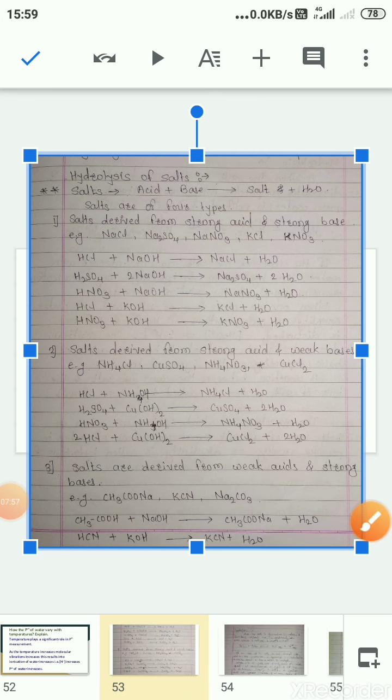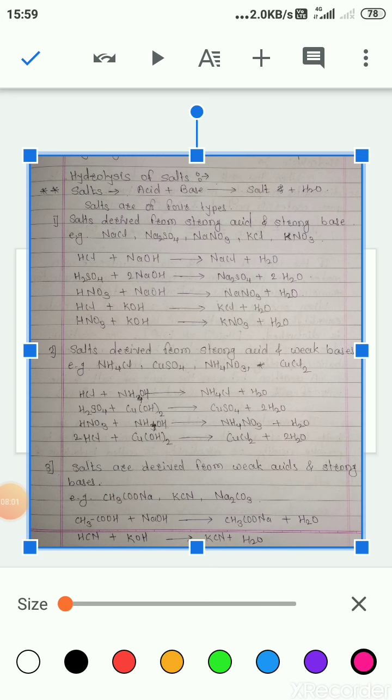In the same way, we can write the reaction for KCN. If we consider KOH as the strong base, then we can take CN from HCN. Therefore, the reaction is HCN plus KOH, hydrogen cyanide plus potassium hydroxide. It gives potassium cyanide plus water molecule.